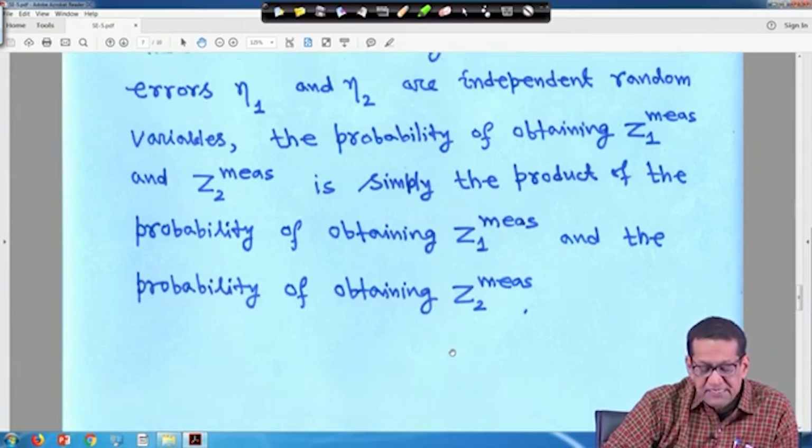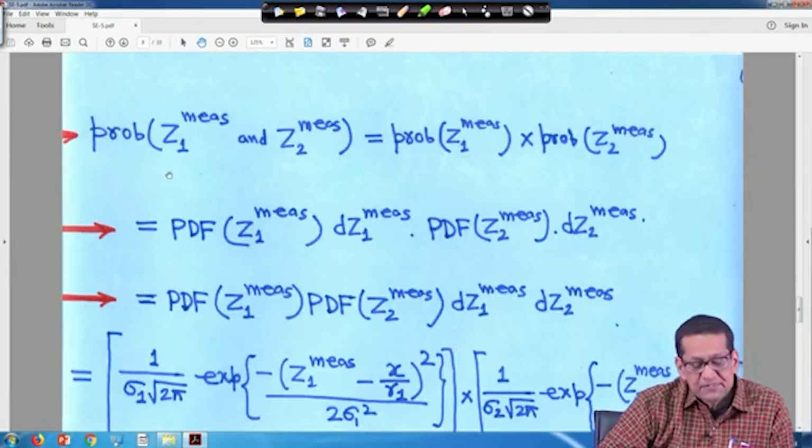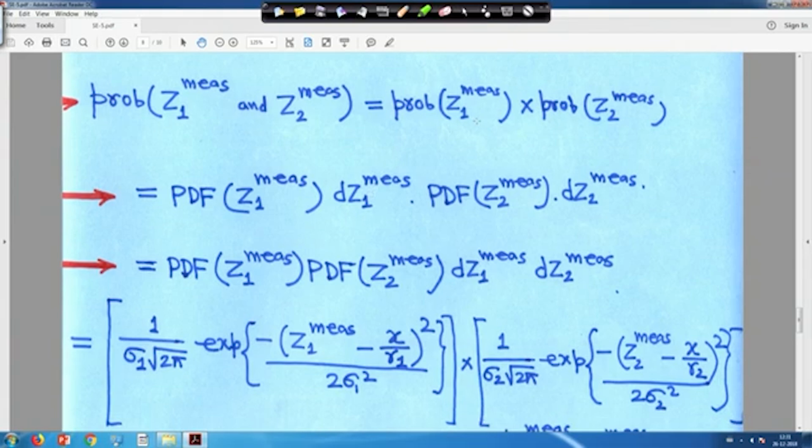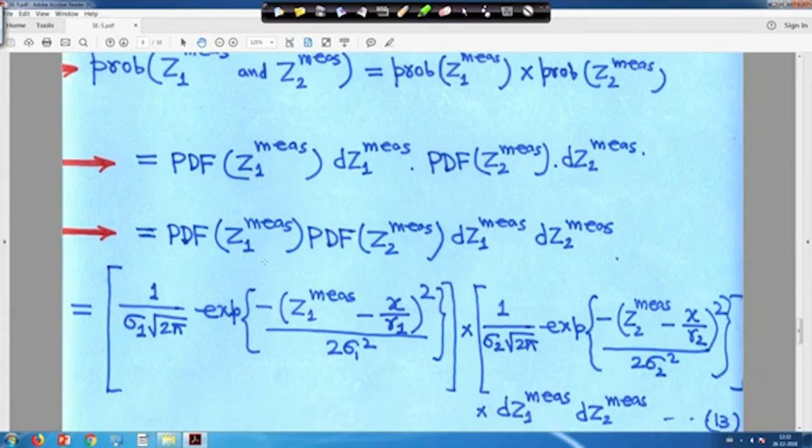That means probability of z1 measure and z2 measure is equal to probability of z1 measure times probability of z2 measure, because these two are independent. Earlier we have seen probability of z measure is in general PDF z measure into dz measure. So we can write PDF z1 measure dz1 measure into PDF z2 measure dz2 measure, or PDF z1 measure into PDF z2 measure, then dz1 measure into dz2 measure.